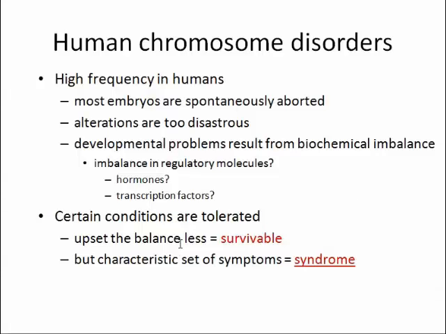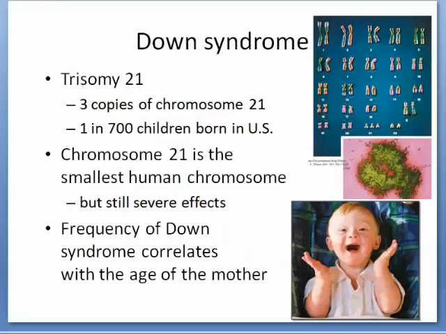So if it is a chromosome where you can have an upset in the balance and they are survivable, then those children are going to be born with something that you call a syndrome. An example would be Down syndrome. That's a chromosome abnormality. Here's an example of how it happens. It's a trisomy condition, which means that you have 3 chromosomes when you really should have 2. And it happens on number 21, so it's called trisomy 21.